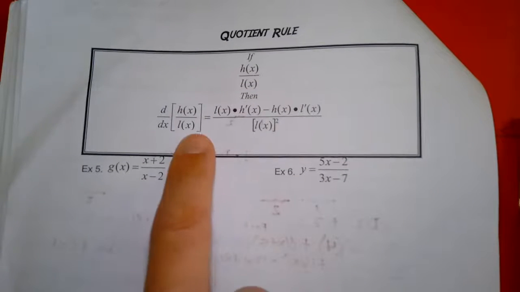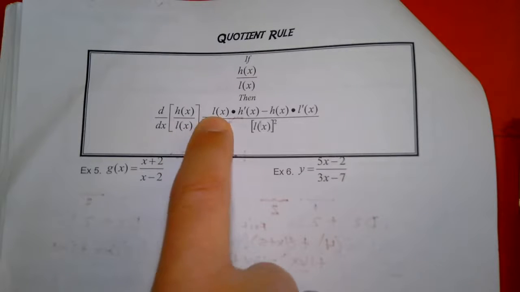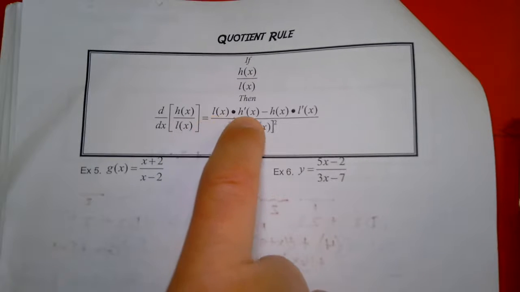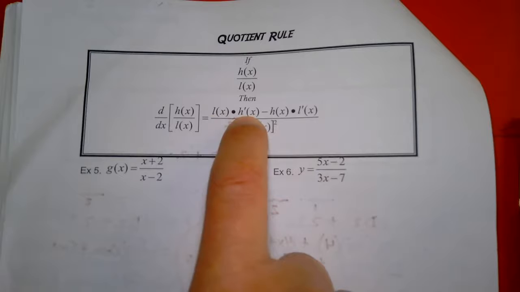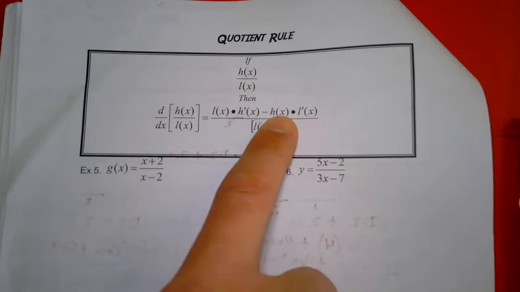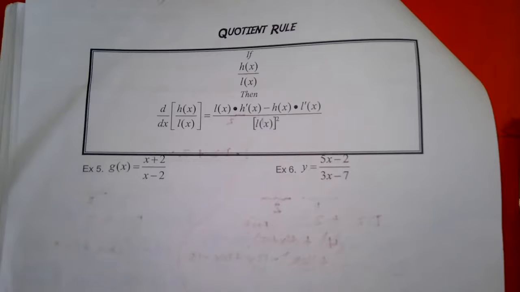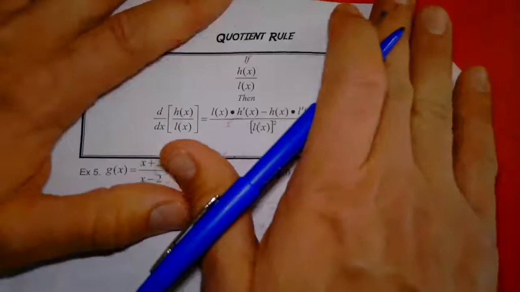Okay? So I want to take the derivative of this function. To do that, I got to take the one on the bottom times the derivative on top, and then minus the one on top times the derivative of the bottom over the bottom one squared. And you're like, what? Okay, well, we have a little saying here.